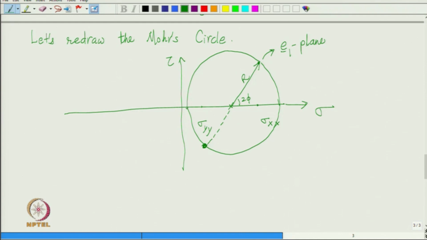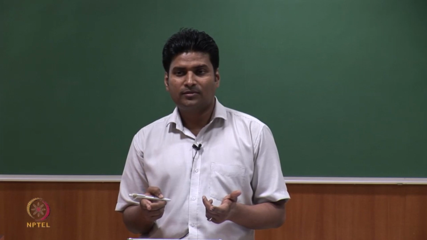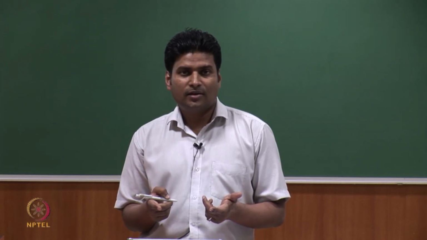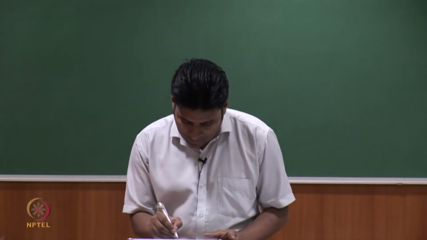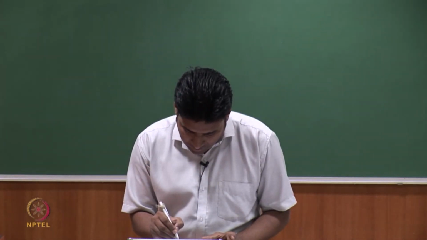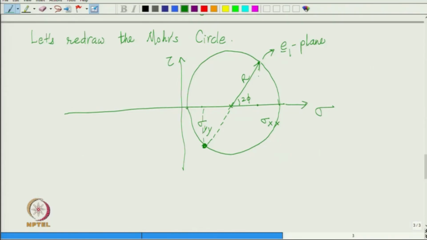And what is then sigma and tau at this point? You can see sigma is sigma y y, which should have been, and what will be tau? It will be the same as tau x y, is not it? You see, due to similarity of the triangles involved here. If you draw these lines, because it is 180 degree, the two triangles are similar, and therefore, the height is tau x y here, but you get negative tau x y.